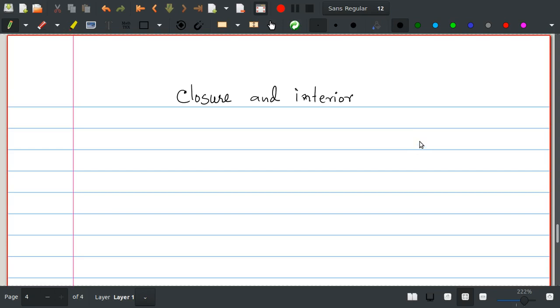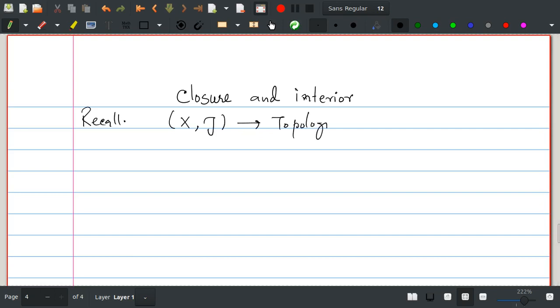In the last lecture, we studied the closure of a set, and by definition, if we have a topological space (X, T), and A is a subset of X, then we define the closure of A, denoted by A bar, to be the union of A with its derived set, i.e. the set of all limit points, A prime.